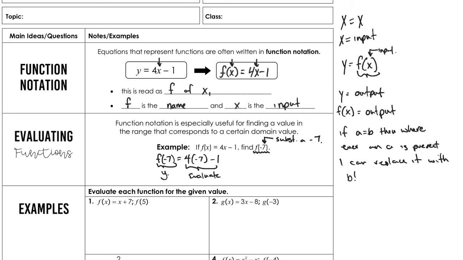So f of negative 7, or y, is equal to 4 times negative 7, which is negative 28, and negative 28 minus 1 is negative 29. And that's where we end up with a final answer. You don't have to do anything with this f. This is not f times negative 7, right? It's just function notation. So it's important that you don't think you're solving for f. F is the name of the equation.